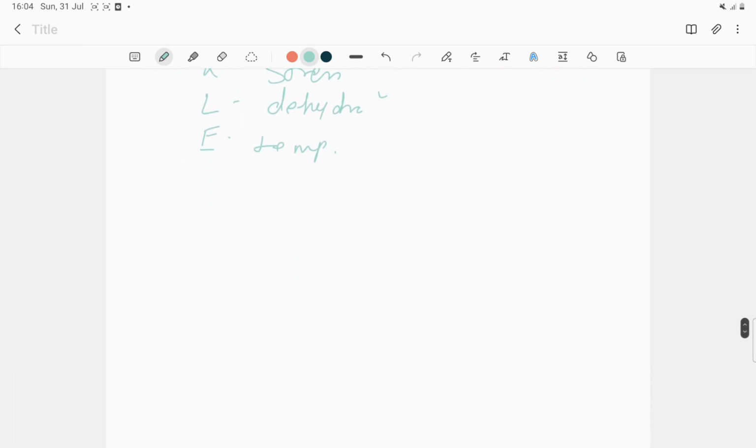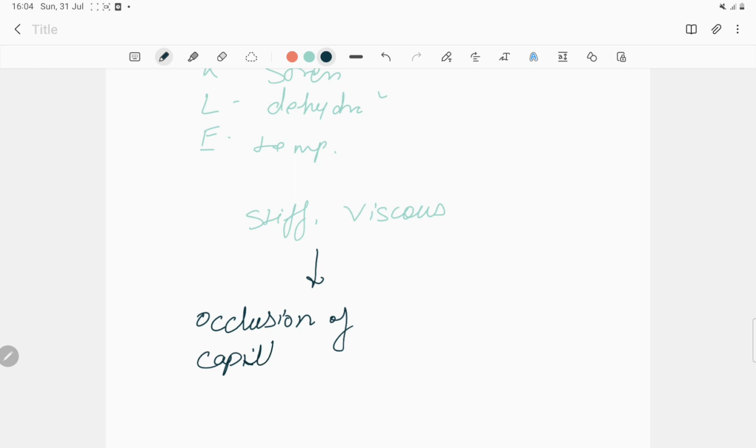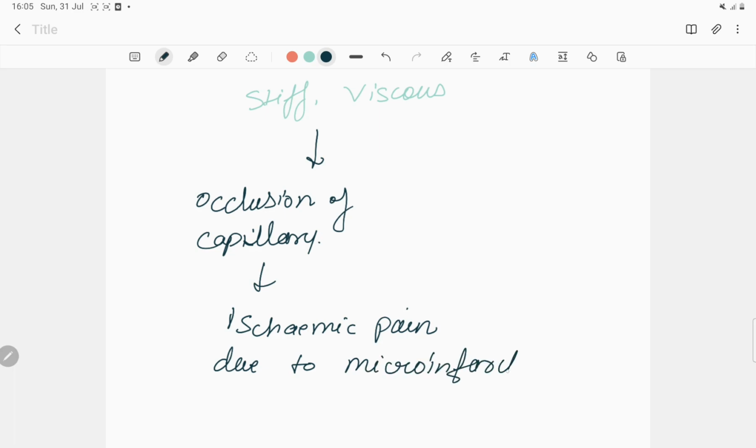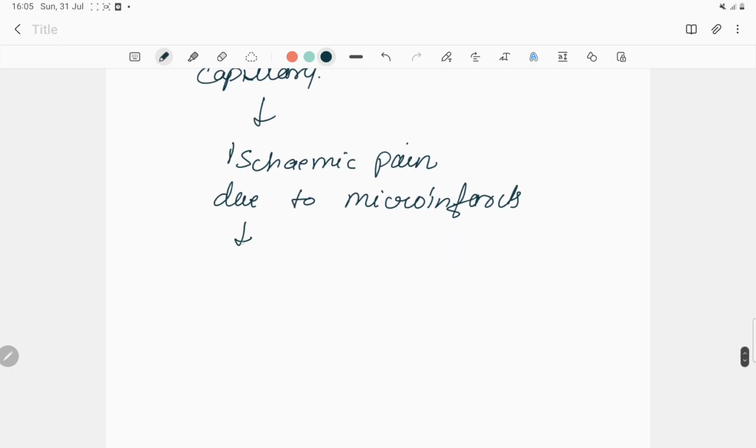And in sickle cell crisis, when there is low oxygen tension, the RBCs become more stiff and viscous, and because of this they occlude, there will be occlusion of capillaries, which will cause ischemic pain due to microinfarcts, and there is malfunction of ischemic organs like the spleen and kidney.